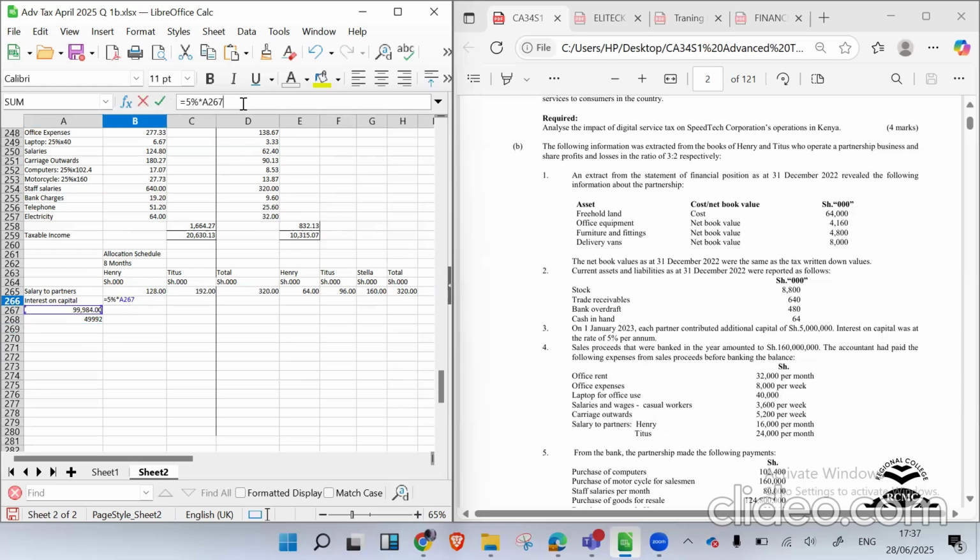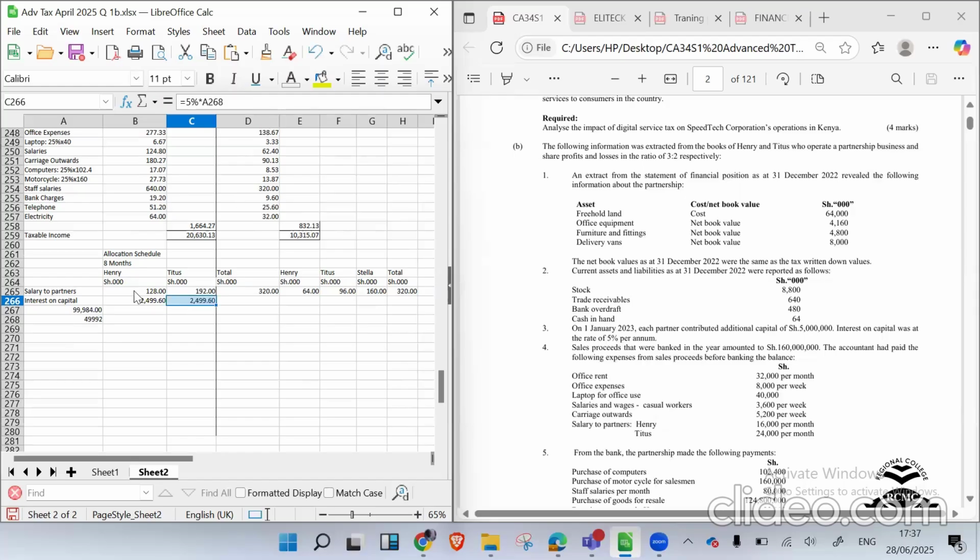So the interest on capital for Henry in the first 8 months is 5% of these. Right? Titus also, 5% of that.